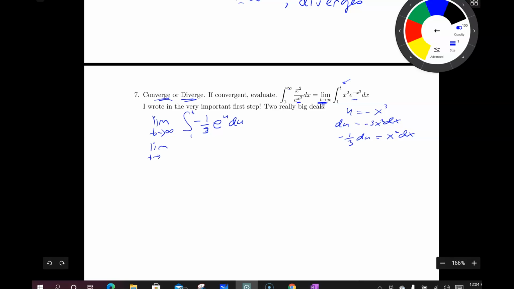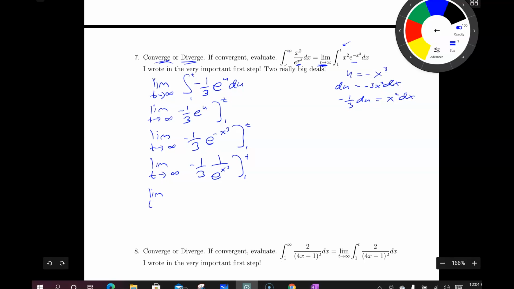So now I'm going to take the antiderivative, which is e to the u. I'm going to take the time to put the x's back in. E to the negative x cubed. And because I know I'm taking a limit, I'm going to take an extra step, and I'm going to rewrite that negative exponent term in the denominator.